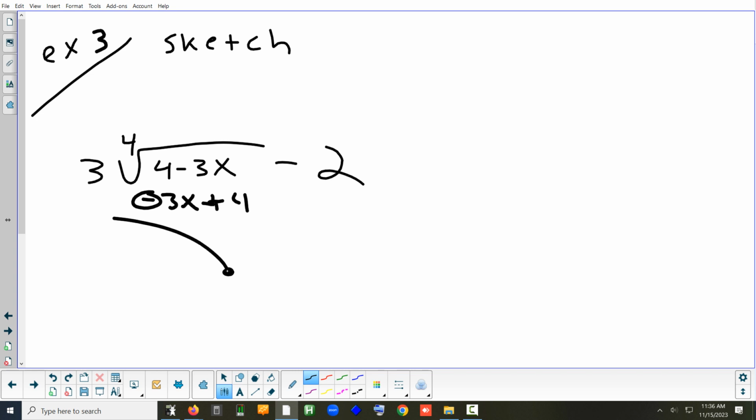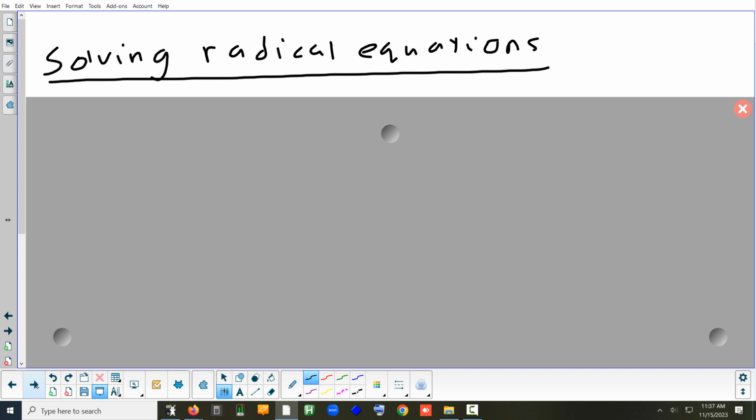All right, so that's really the second big thing for today. So we looked at the transformations, we looked at how to do sketches, and this is the last thing. So how do we solve an equation that has a radical?